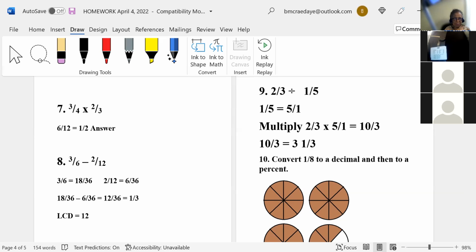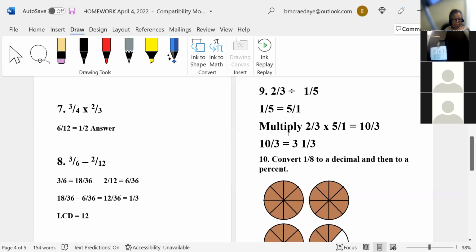Mercedes, you got that one? Hold up, I missed something, it's not clear right there. So she flipped the divisor. She made the divisor 5 over 1. That's turning it upside down or flipping it, or the reciprocal. Oh, and then she said 2 times 5 is 10, and 3 times 1 is 3.